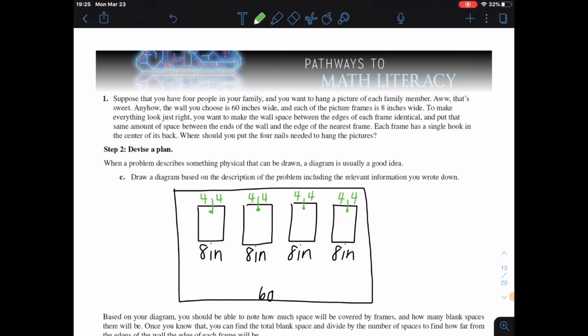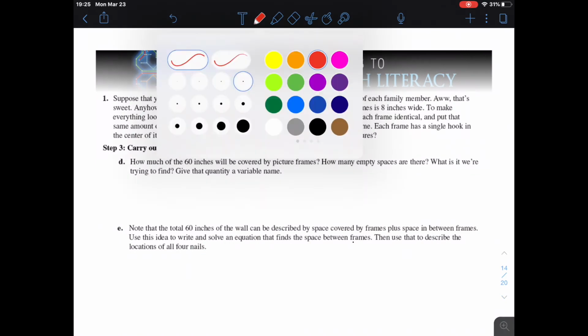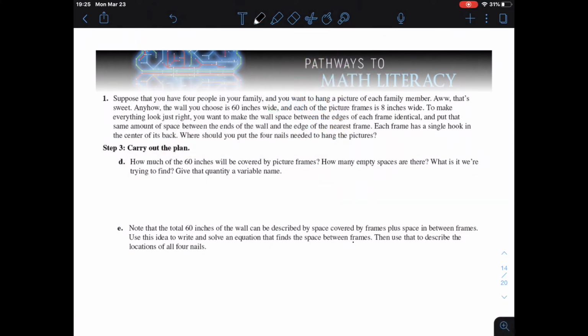So the only thing we need to figure out to be able to answer where these nails go is how much space needs to go in between each of these photos and at the end. It's all going to be equal space, so let's just call it X. To figure that out, given those 60 inches, let's figure out how many inches are covered by the picture frames.